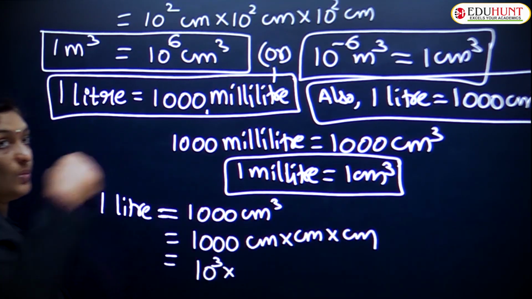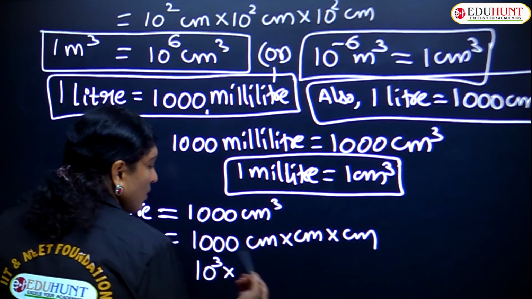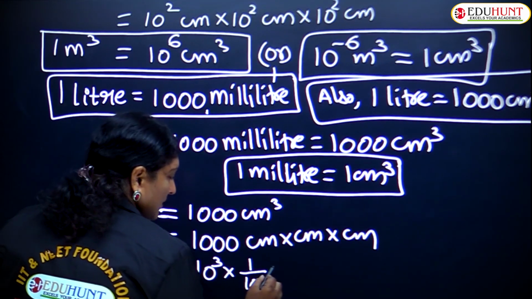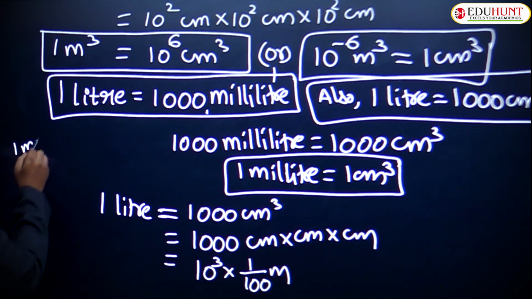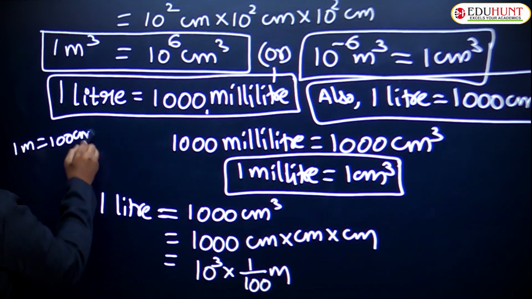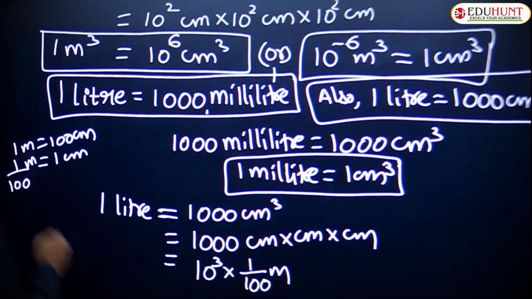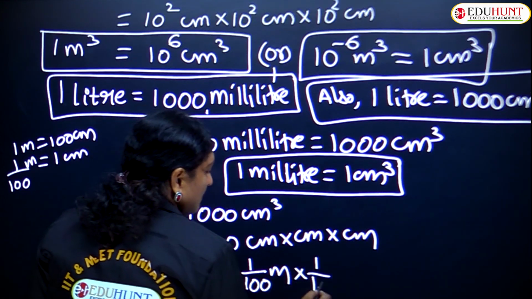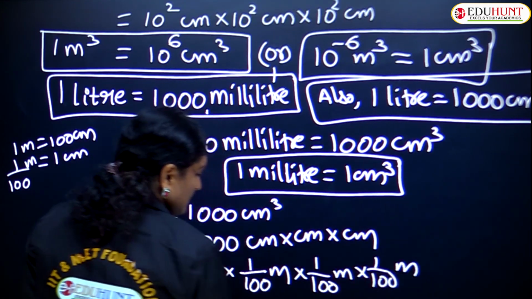Centimeters I would like to convert into meters, because I would like to generate the relation between liter and meter. Remember, children, 1 meter equals 100 centimeters. So 1 centimeter equals 1 by 100 meters, again 1 by 100 meters, and again 1 by 100 meters.